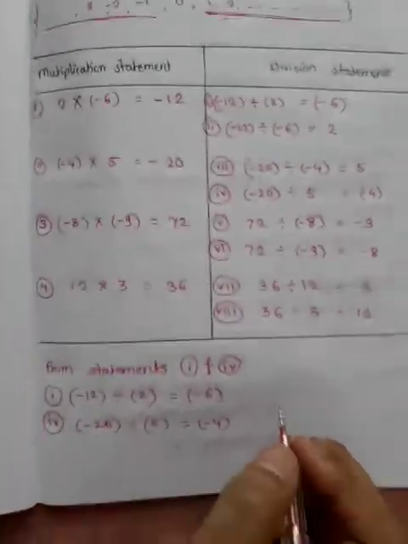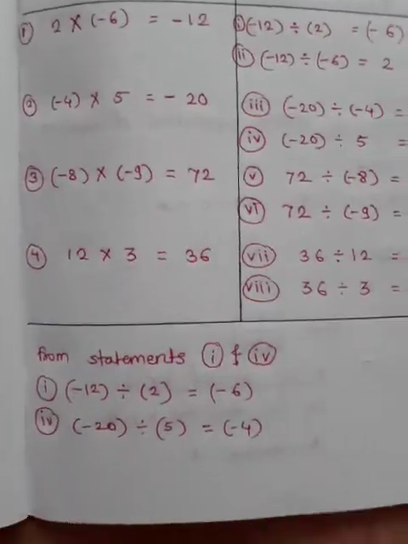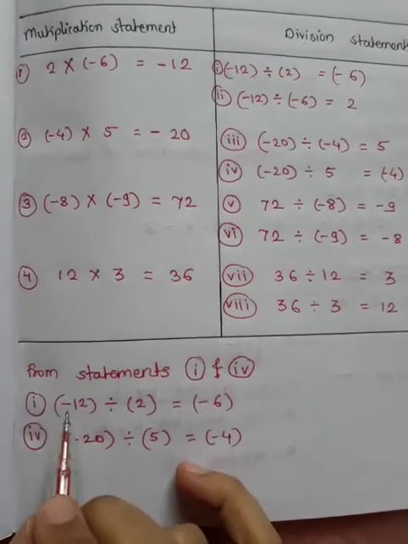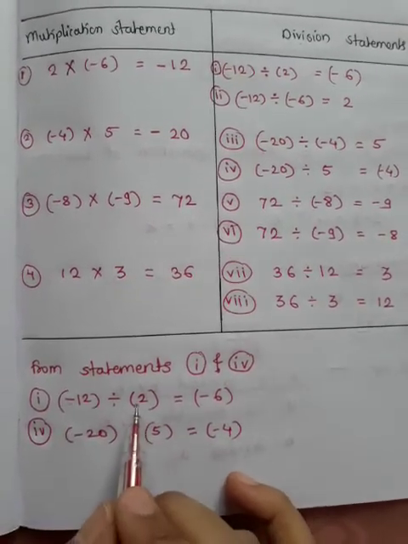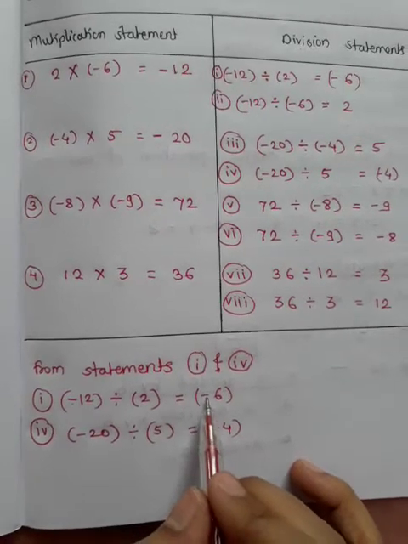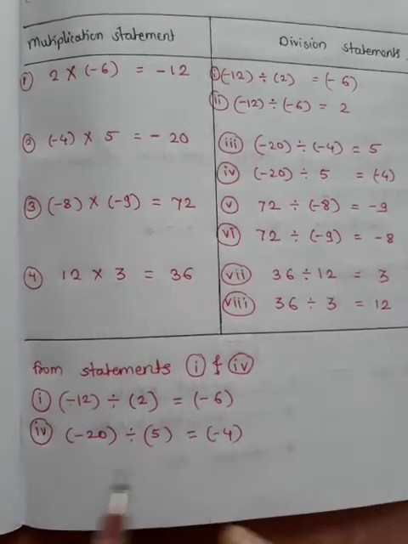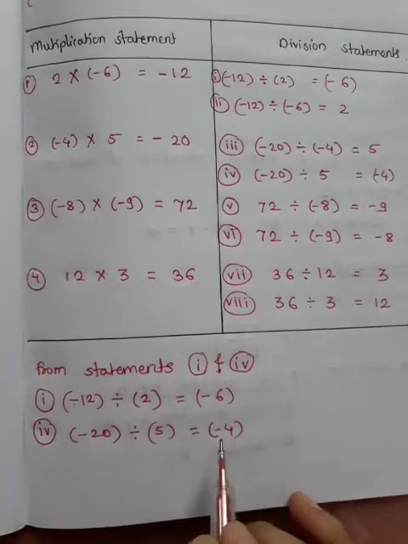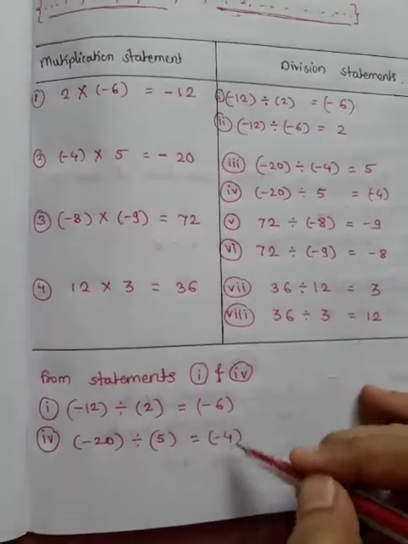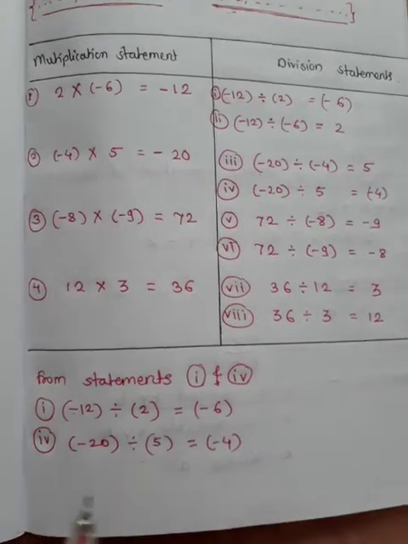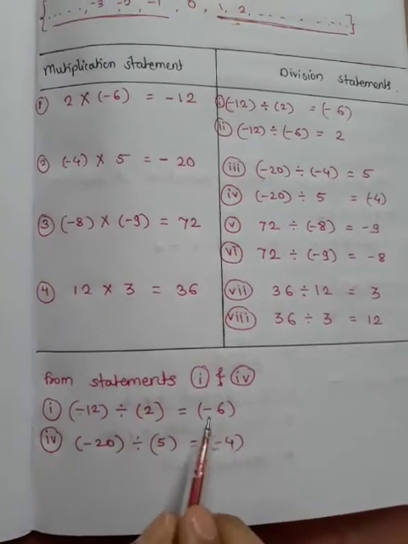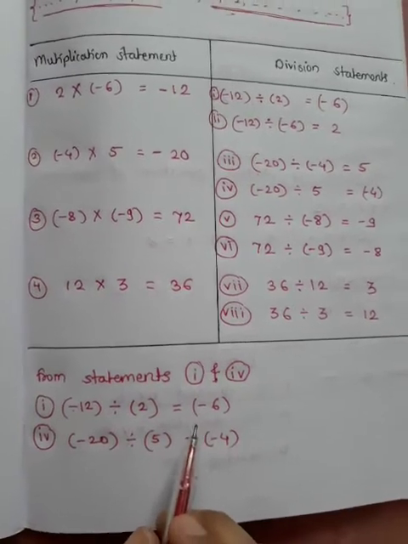What do these two statements say? When we divide a negative integer by a positive, we get a negative integer. Both statements say that when we divide a negative integer by a positive integer, we get a negative integer.